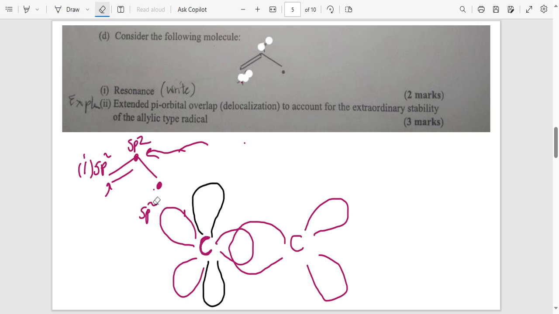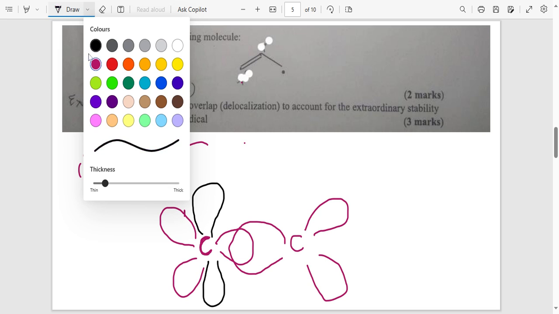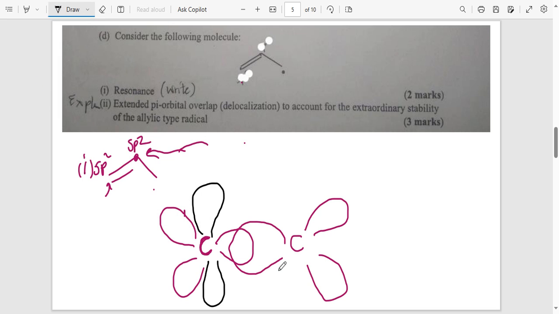So these are all the ones I'm writing in pink. These are sp2 hybridized. And then we have also a p orbital. P is not hybridized. This one is an atomic orbital, not a hybrid orbital.